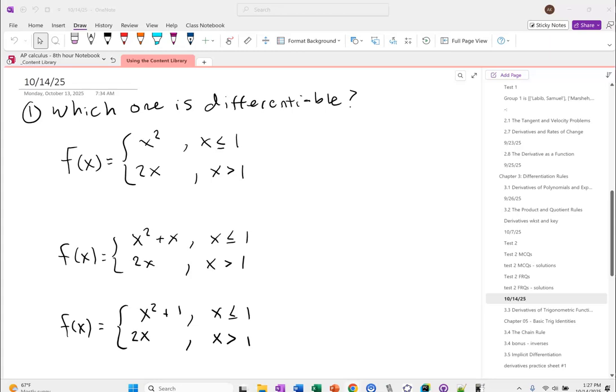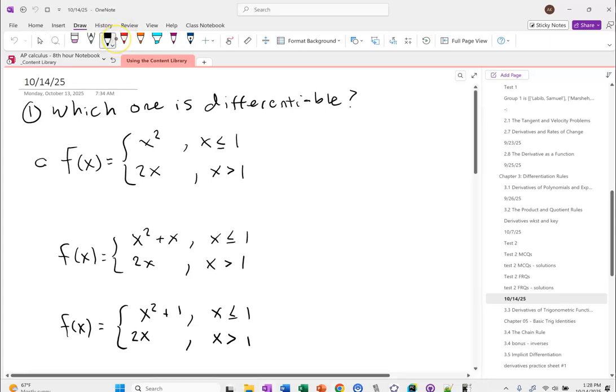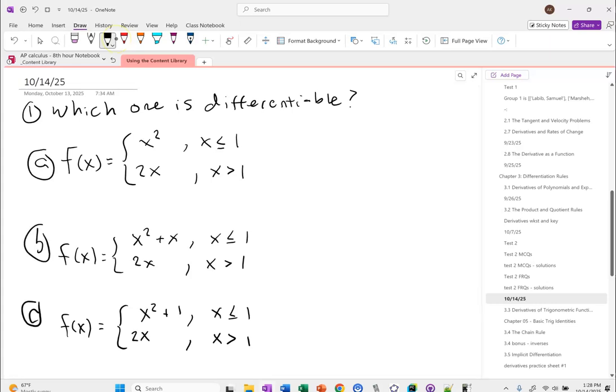So the first question just says, which one is differentiable? And I give you 3 piecewise function options. I guess we'll call these A, B, and C. And maybe I should say it could be more than one, right?